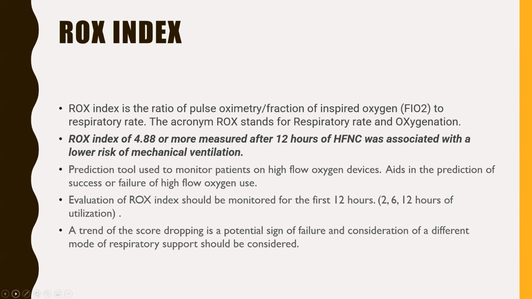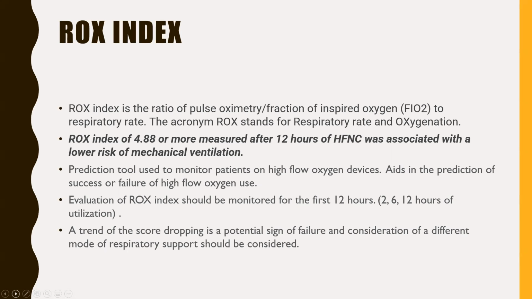Prediction tools: it's mainly used to predict and monitor patients on high flow devices, and can be helpful in predicting success or failure with the use of high flow nasal cannula. It should be monitored at least per the guidelines that are out there, at 2, 6, and 12 hours. Doesn't mean you can't do one at 4 hours.